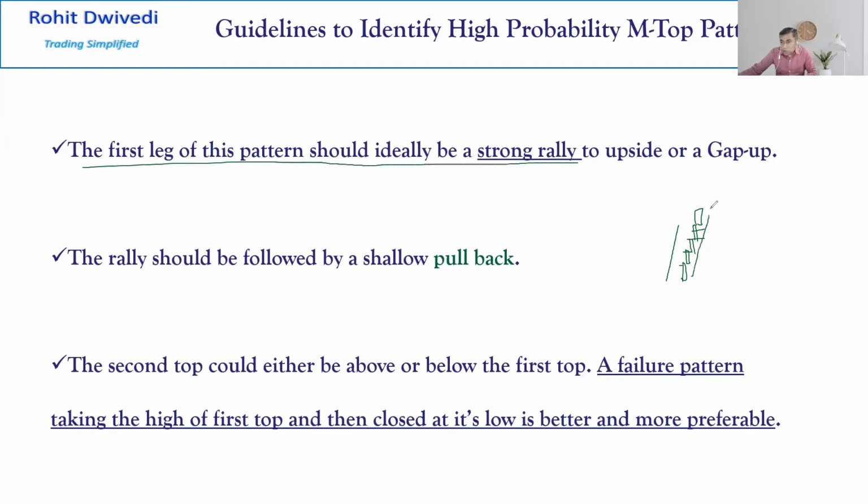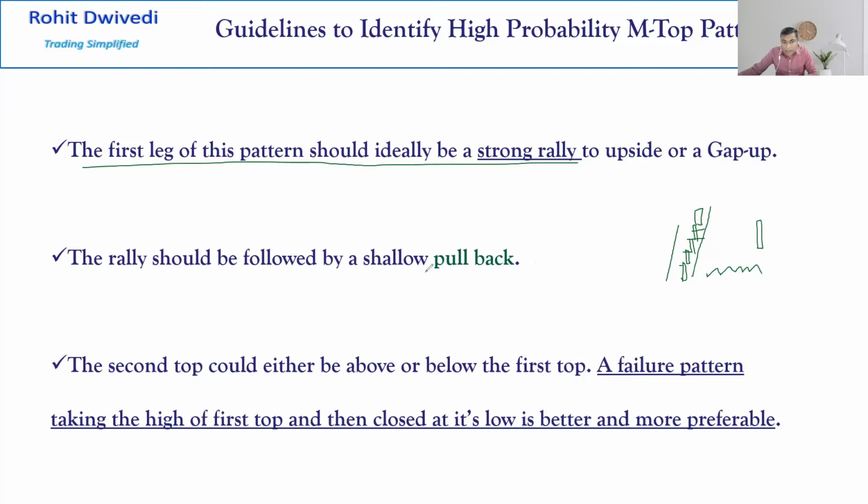So this is the strong rally, or we have a kind of base going on, a consolidation going on, and then you have a strong gap up opening. So this could also be considered while the M-top pattern forms, and we're going to see very similar examples of this in the next slide, so do not worry about it.